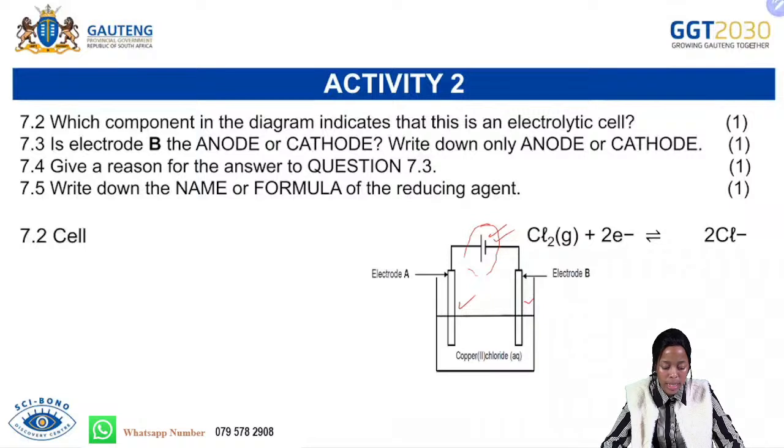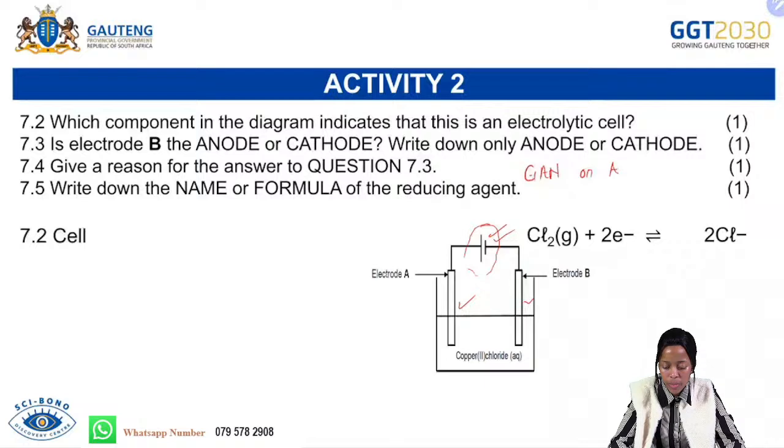7.3, it says, is electrode B the anode or the cathode? Write down only anode or cathode. Remember, we said that you need to know the polarity for both the galvanic cell as well as the electrolytic cell. So with that, you can have a way of remembering. We can use this again on APS, okay?